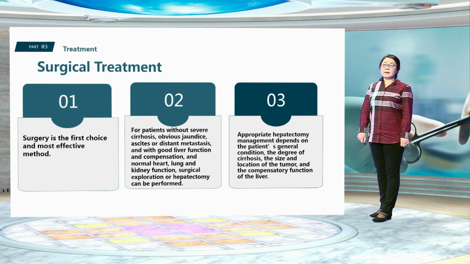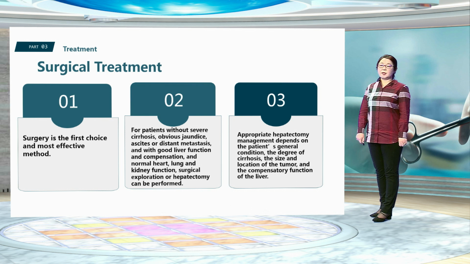When we consider surgical treatment, we should understand, first, surgery is the first choice and most effective method. Second, for patients without severe cirrhosis, without obvious jaundice, ascites, or distant metastasis, and patients with good liver function and compensation, and patients with normal heart, lung, and kidney function, surgical exploration or hepatectomy can be performed.